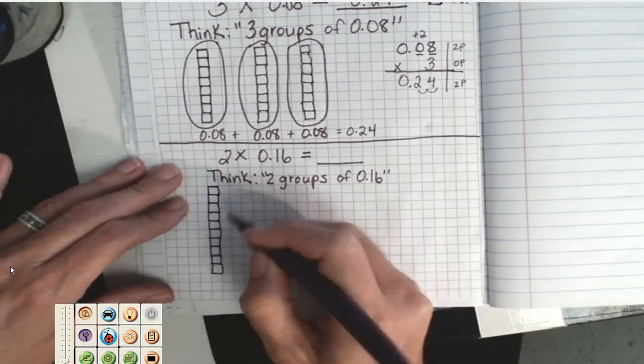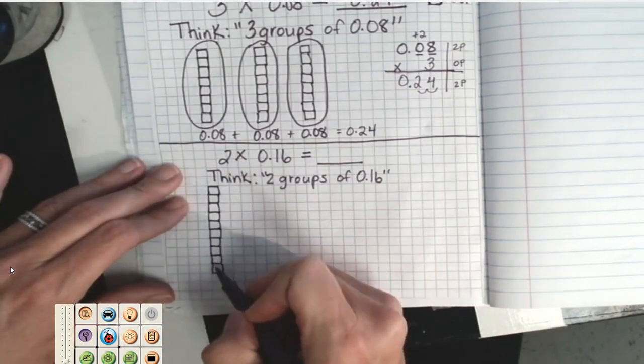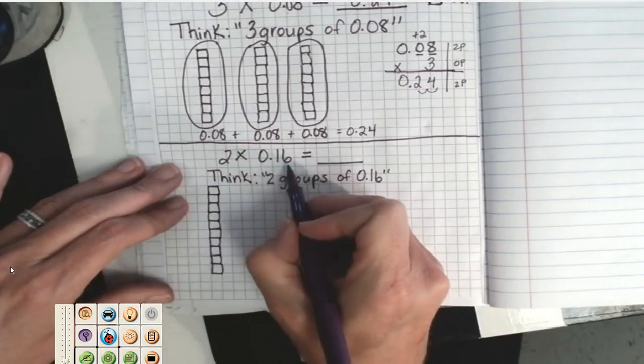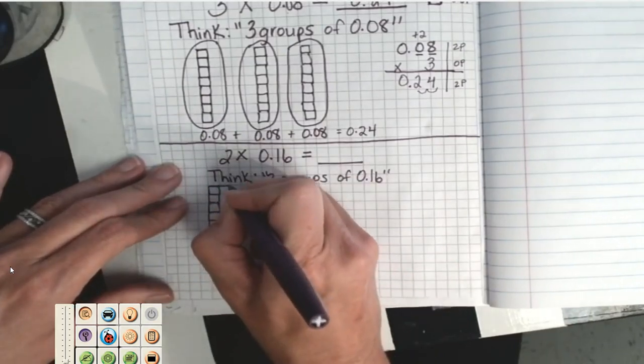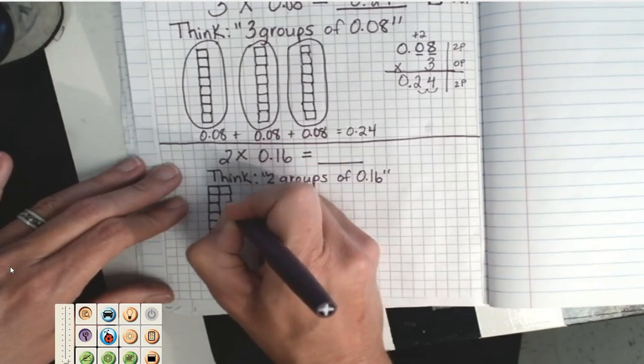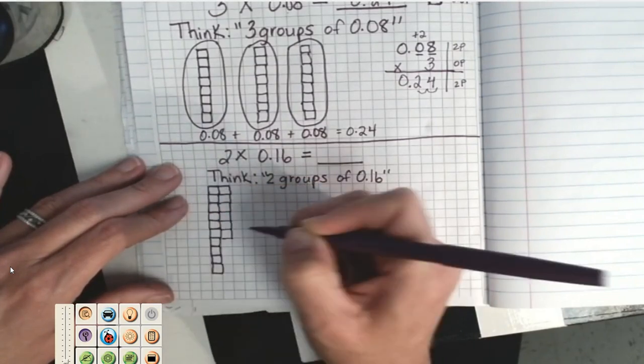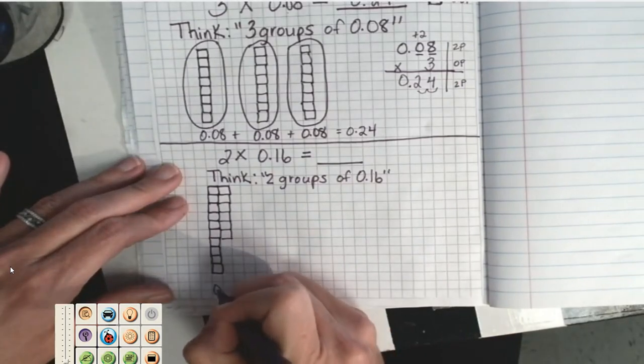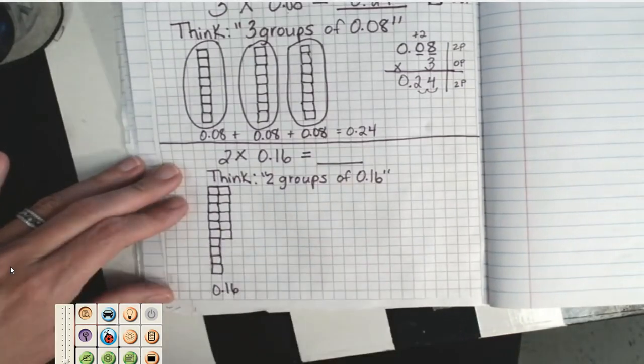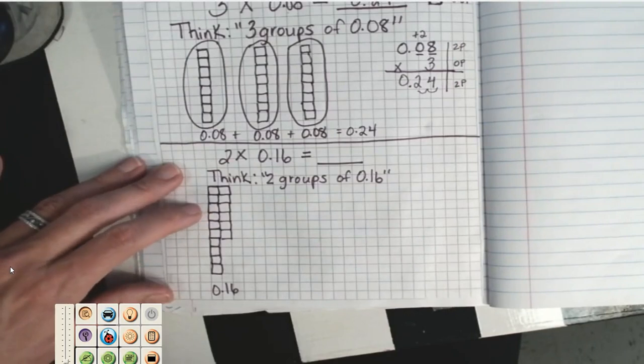So that represents the one that's in the tenths place. This is 1/10. But then this one has 600ths, so now all I have to do is draw 6 more squares. 1, 2, 3, 4, 5, 6. So that's going to give me my first group of 1600ths.